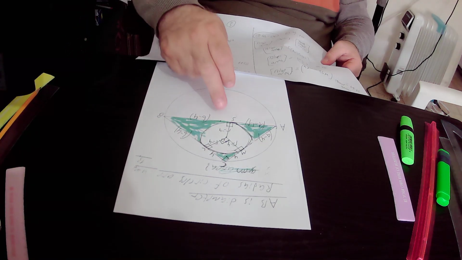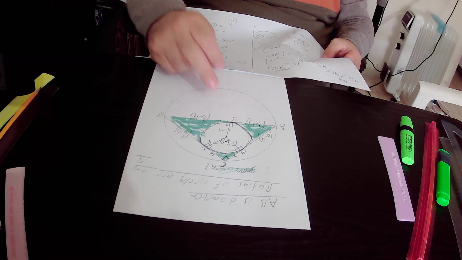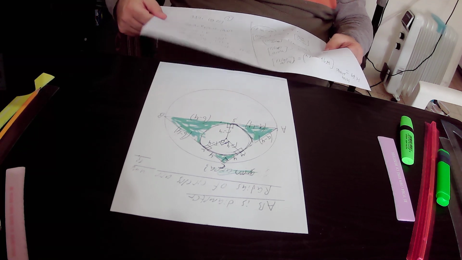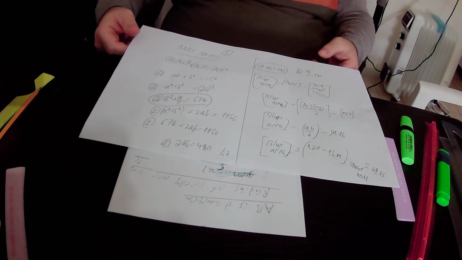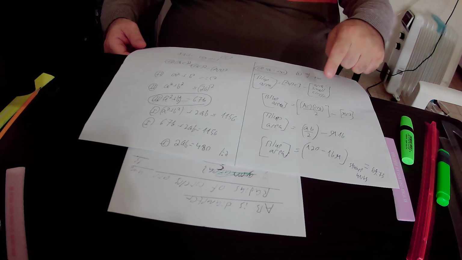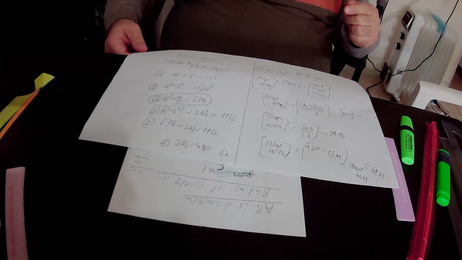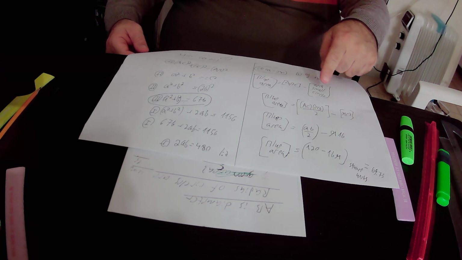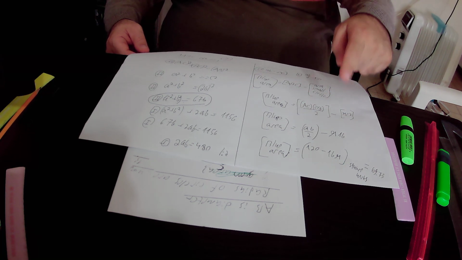The area of the small circle is pi r squared, and r equals 4 units. And here, AC equals a, according to our definition, and CB equals b. So AC times CB over 2 is ab over 2.